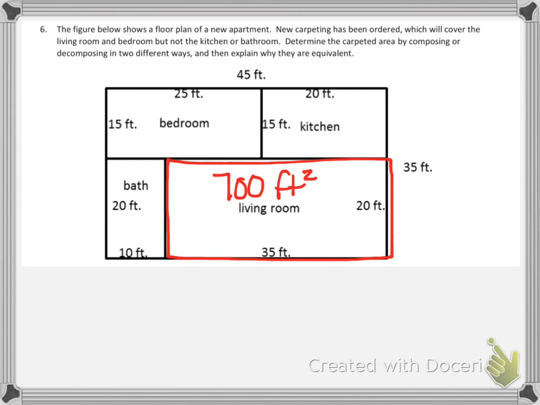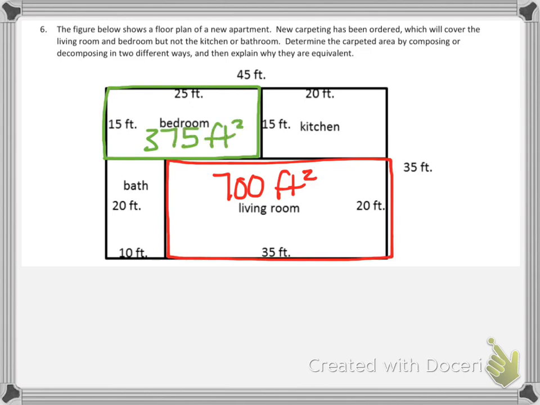And then we are also going to carpet the bedroom, and the bedroom is here. That is a 25 by 15. 25 times 15 will give us the area of the bedroom. 25 times 15 is 375 square feet.